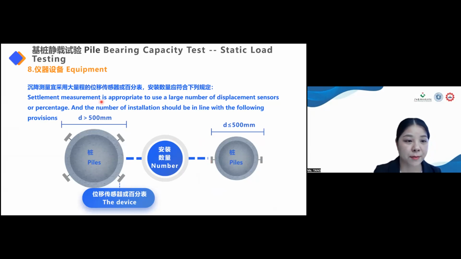Settlement measurement is appropriate to use a large number of displacement sensors or dial gauges, and the number of installation should be in line with the following provisions.